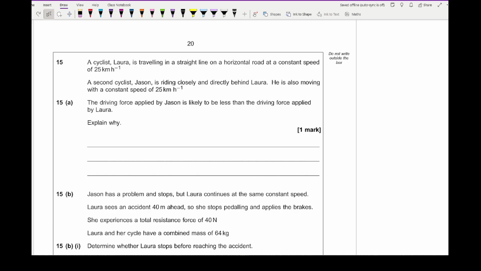And that would be due to less air resistance experienced. So if Jason is riding directly behind Laura, then there's going to be less air resistance on him, therefore he would have less driving force.